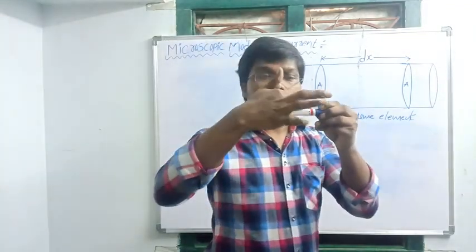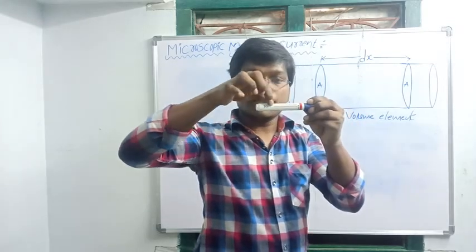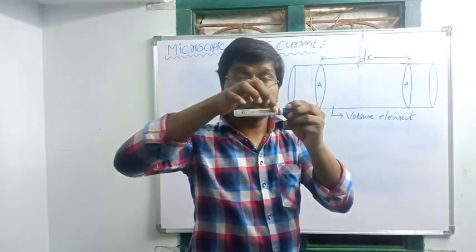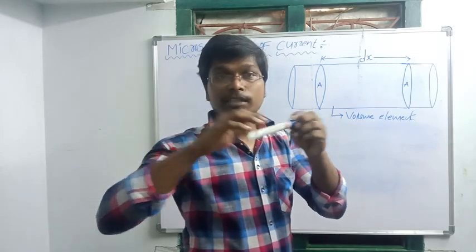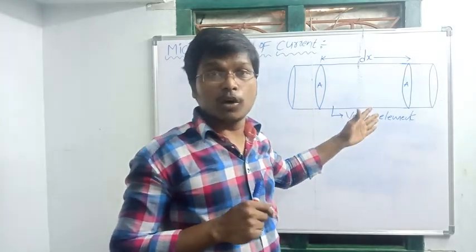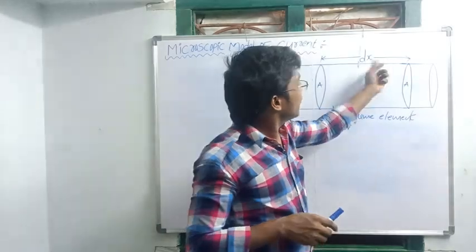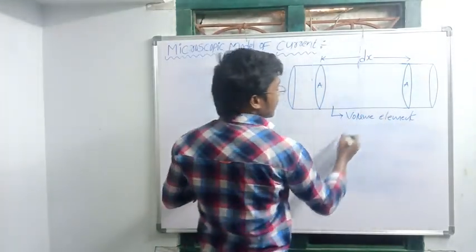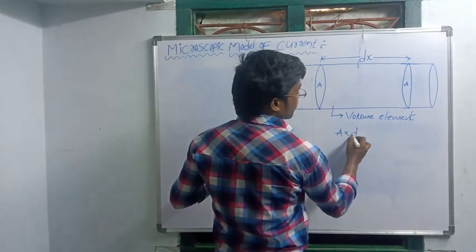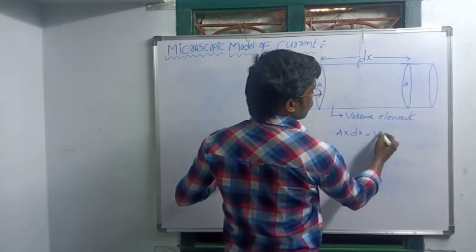Here is one area, and here is another area. Why are we calling the space in between the two areas the volume element? We already know area into displacement dx is equal to volume.